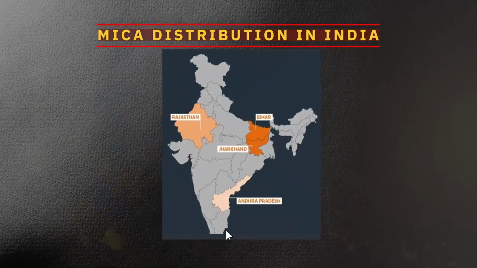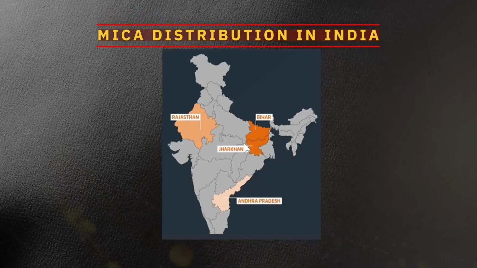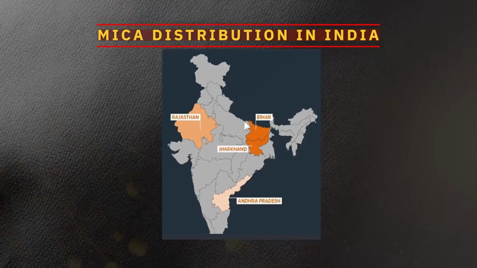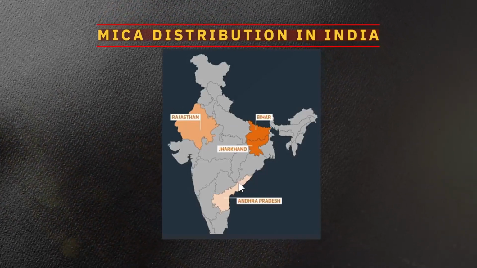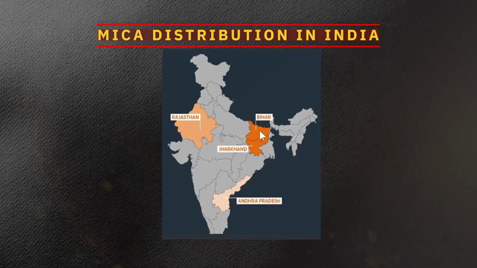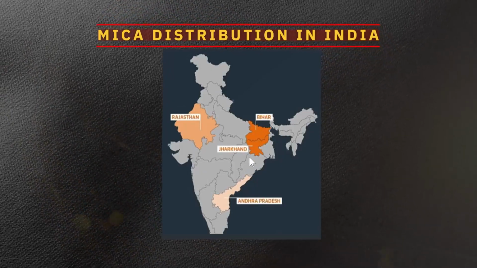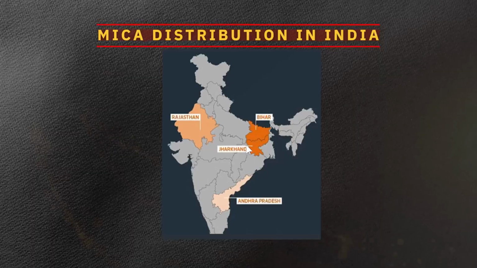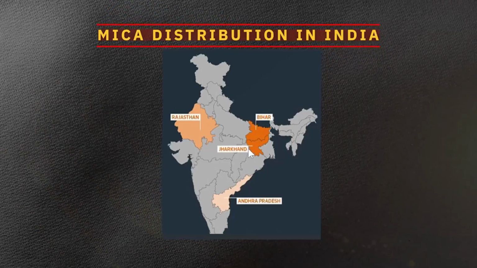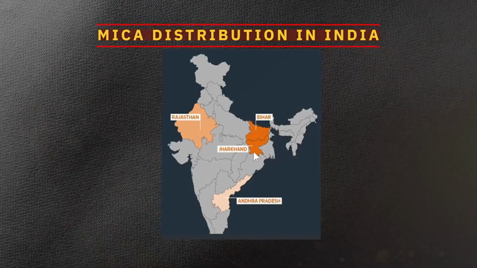So, in this image, we have learned where the major mica belts are located. We have shown that in this part of the map, the Jharkhand, Bihar and West Bengal part is highly concentrated with mica reserves.